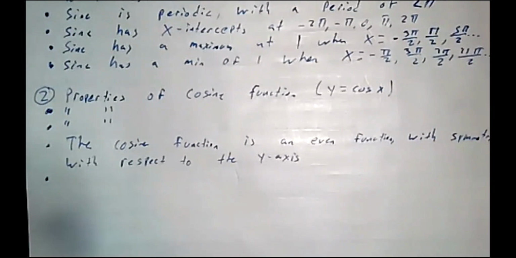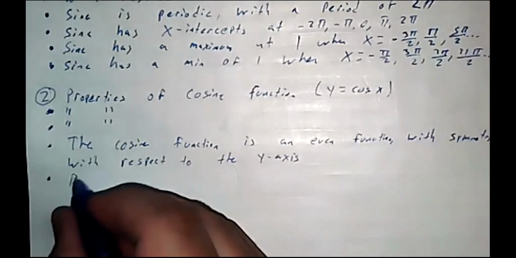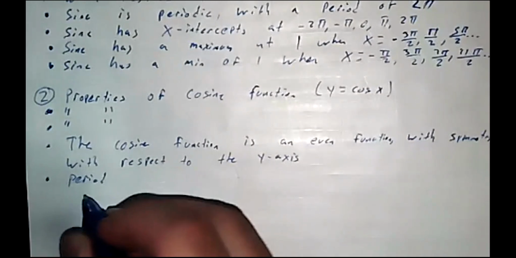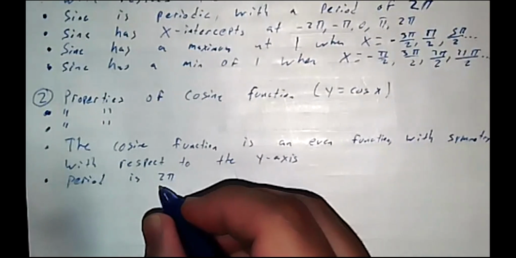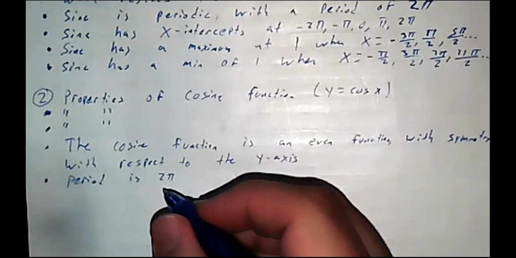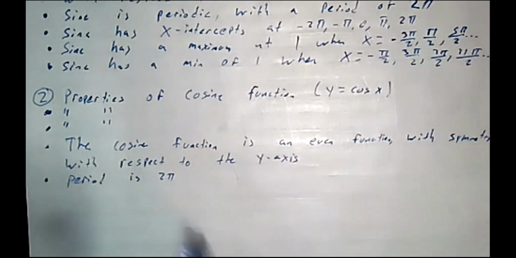Okay. Period is 2 pi. And when I say period, I mean that's how long it takes for it to repeat. And I'll show you in just a moment.